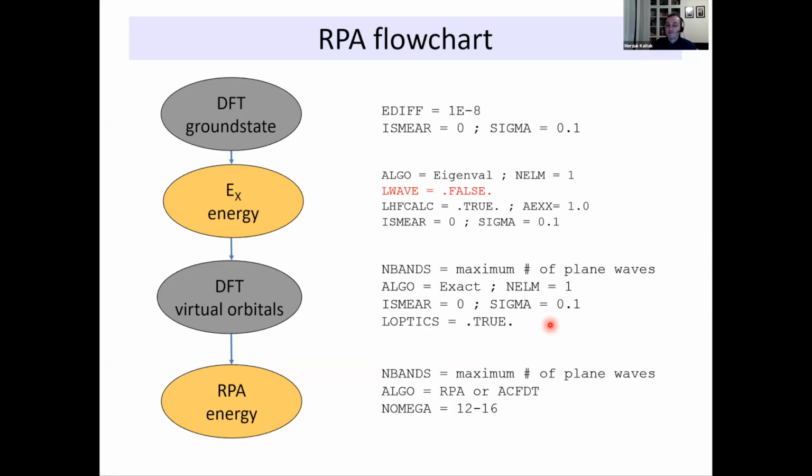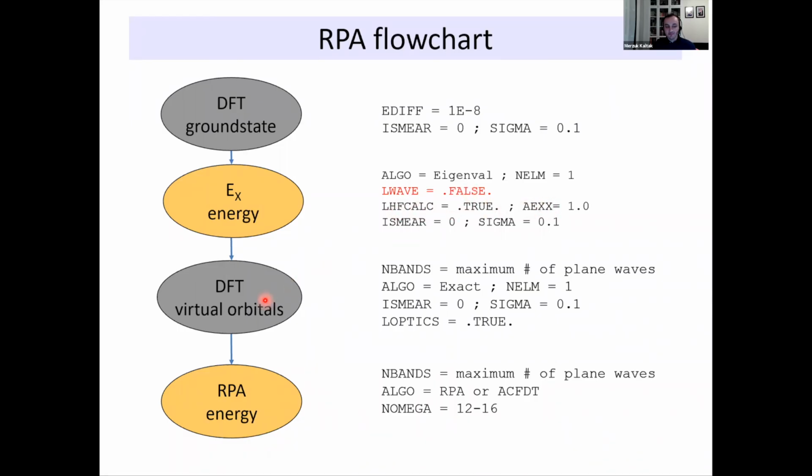Okay, what does an actual RPA calculation in VASP look like? In contrast to GW, here 4 steps are required because one has to calculate the exact exchange contribution. In the first step, you start with a DFT calculation. Then you determine this exact exchange contribution with this setting: you perform an eigenvalue calculation, but don't update the WAVECAR, and select Hartree-Fock.